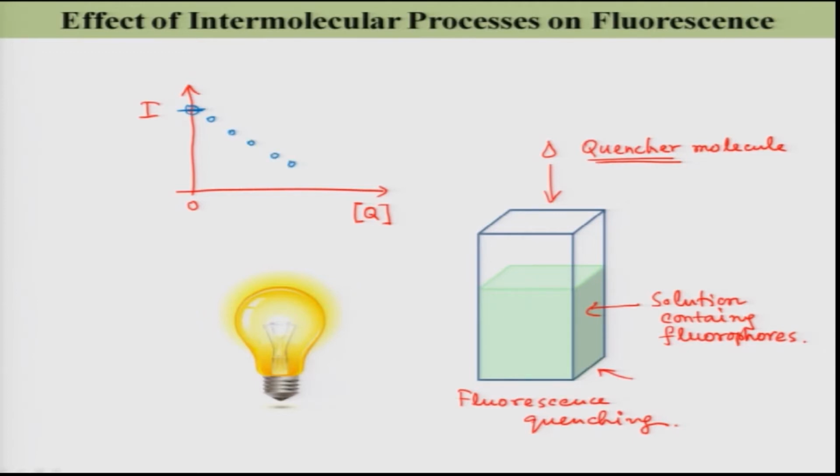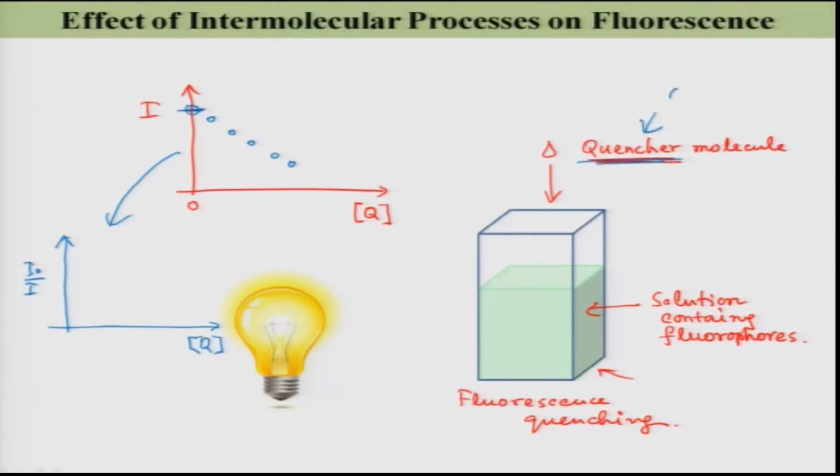However, generally this type of representation is not done in a fluorescence quenching experiment. Rather, what people do is just plot I0 by I versus the concentration of that molecule, the quencher molecule.